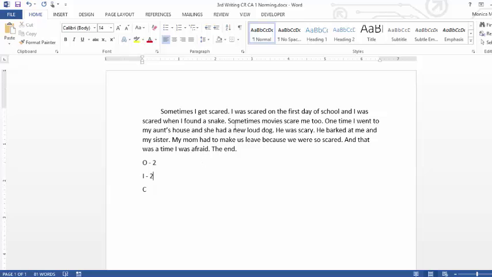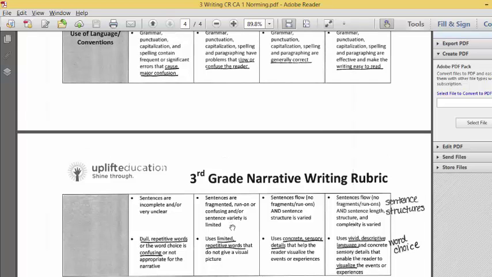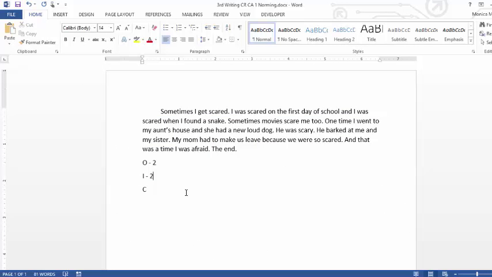They're starting a lot of sentences with the word sometimes. So I would probably kick it down to a level 2. I don't think it's very unclear, but I do think it's limited. And again, with the repetitive words like sometimes, it didn't really give anyone a good visual picture. So I would give conventions also a level 2.